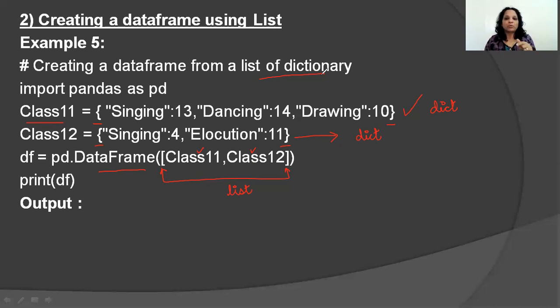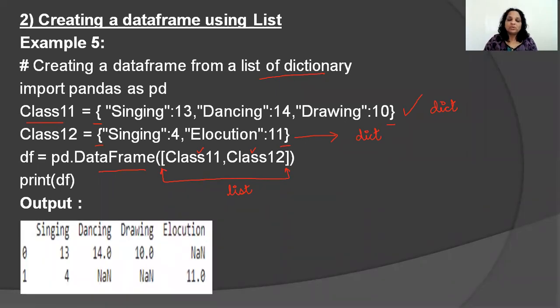So these 4 are the unique keys of both your dictionaries. Now, you could have had many more dictionaries in the list. That doesn't matter. Every element of the list, that means class 11 is a dictionary, but it's the first element of the list, so it becomes the first row. Class 12 becomes the second row, and so on. Let's have a look at the output.